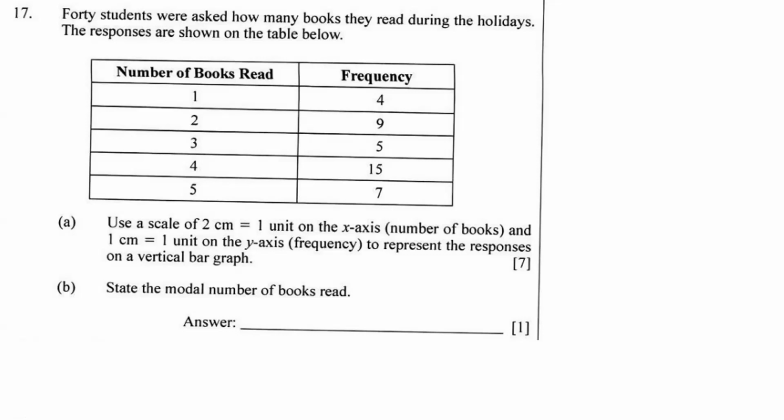Use a scale of 2 centimeters equals 1 unit on the x-axis, number of books, and 1 centimeter equals 1 unit on the y-axis, frequency, to represent the responses on a vertical bar graph, and then state the modal number of books read. Very good.